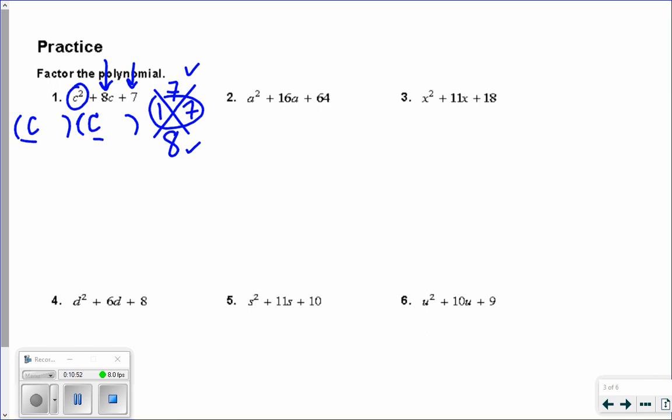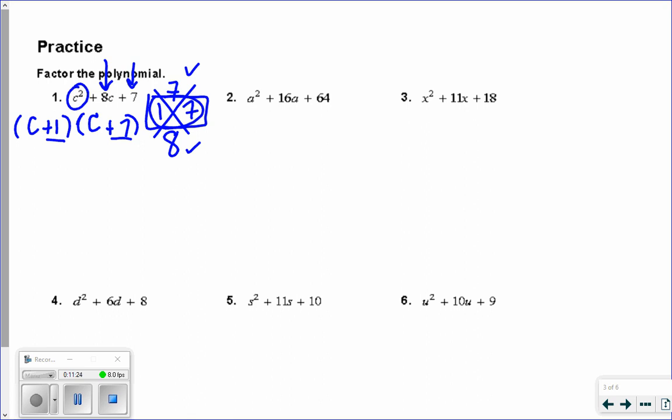We already know half of the binomial there. If that first term is c squared, the only way we could have achieved that is if the first term in each of our binomials was a c and then another c. So what we really are trying to find are the constants on the other side. Well, guess what? You just found them. That's these magic numbers right here. If you decided that 1 and 7 were the numbers that worked, then that is what you had to fill in here. And those are your binomial factors.